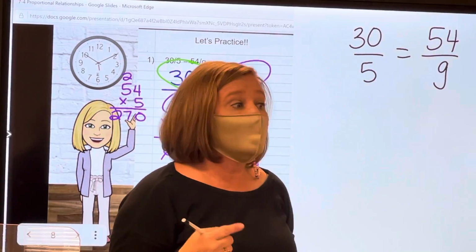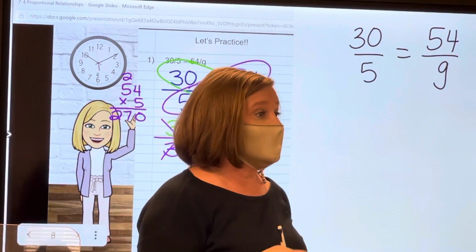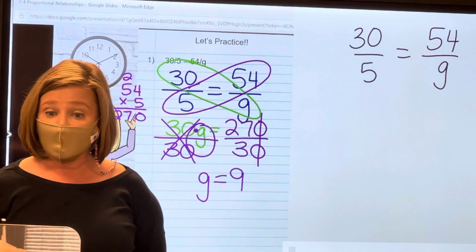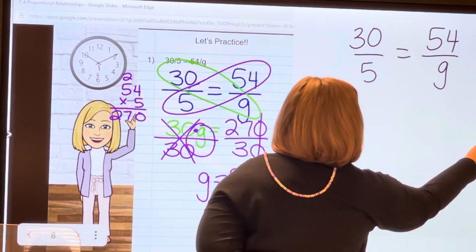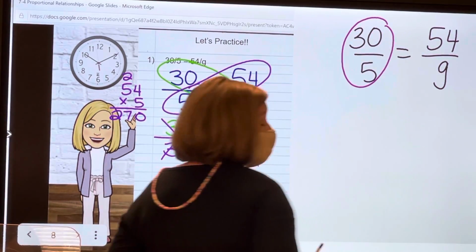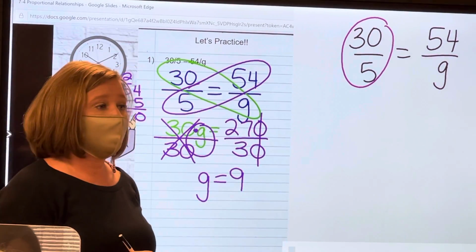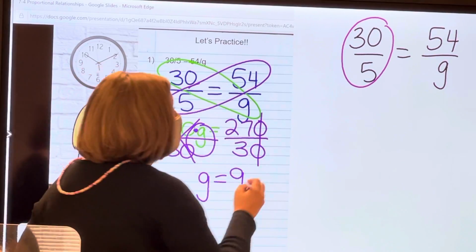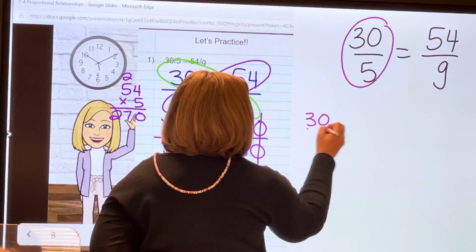It told me that the basic ratios for equivalent ratios must be equal, correct? What can I do to 30 to 5? Is that basic? You can reduce 30 to 5.